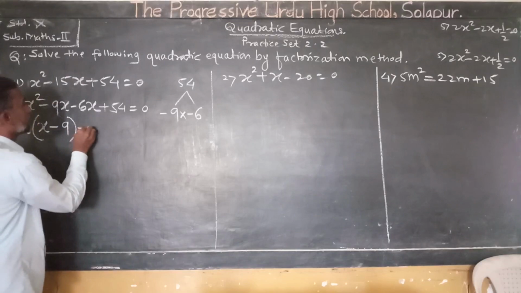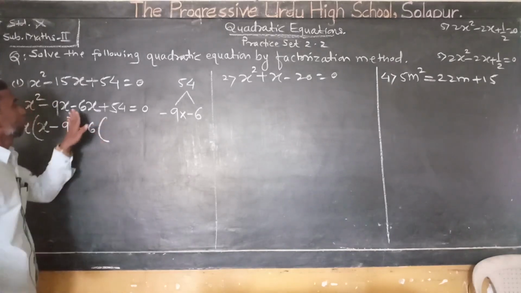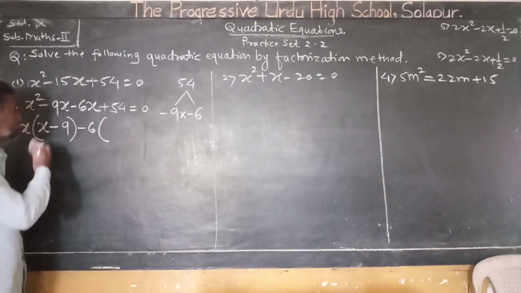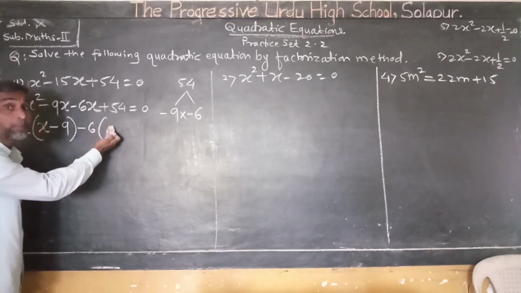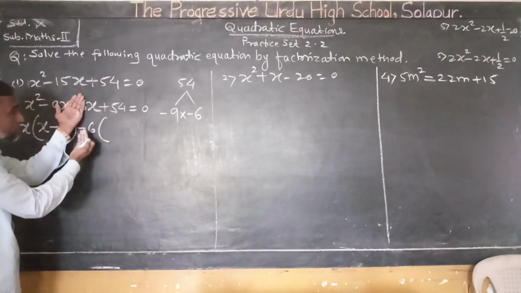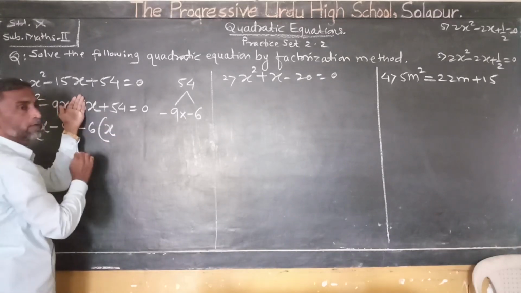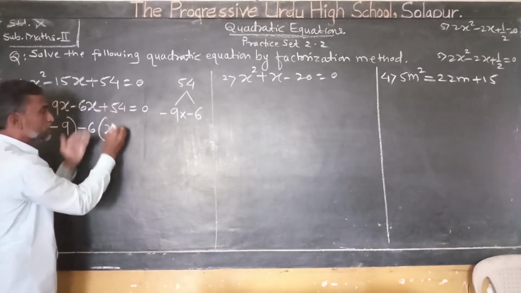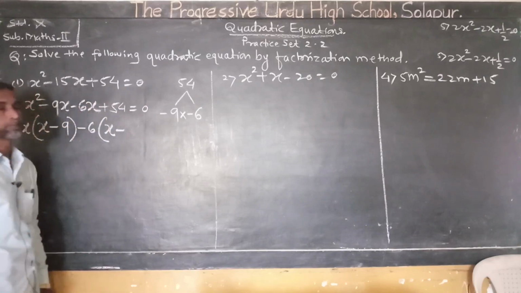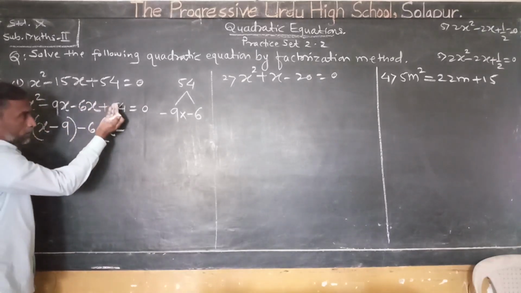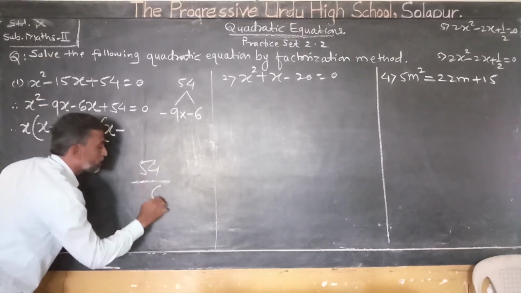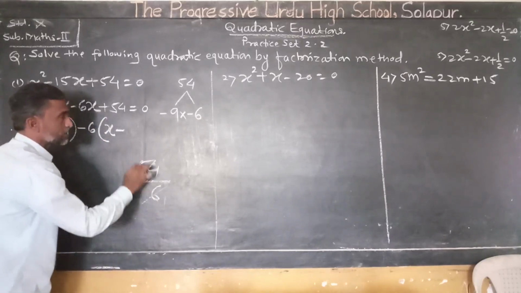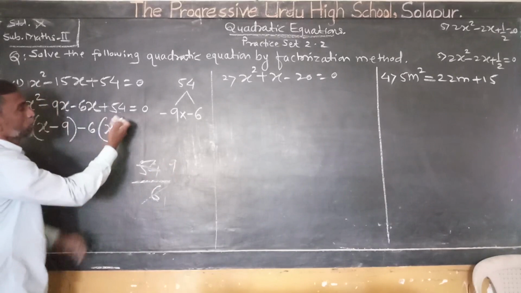Now, take minus 6 common. Why minus 6 common? Because we want x as the first term of the next bracket, which should be plus x. So take minus 6 common, x will remain. This plus will become minus. To take 6 from 54 means to divide 54 by 6. 6 ones are 6, 6 nines are 54.